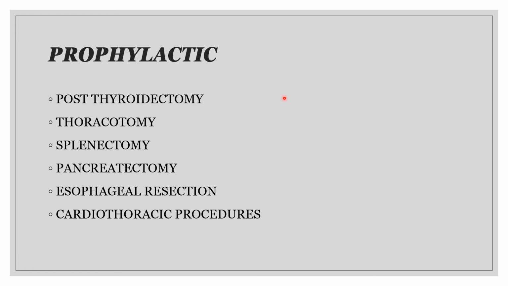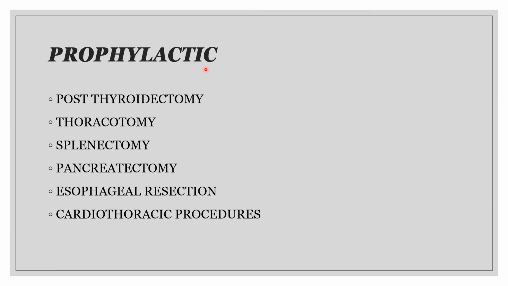Prophylactic. So prophylactic is post surgery, when we have done a good dissection or when the dissection is significant enough to cause extensive seroma formation or inflammatory fluid that can get collected in the surgical field. What we do is, before we close the surgical wound, we place a drain. So if any collection or hematoma or small leak happens, you are giving it a chance to come out so it doesn't get infected, so the wound heals faster.